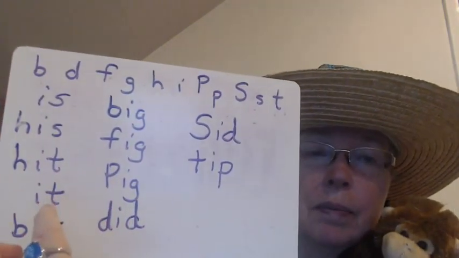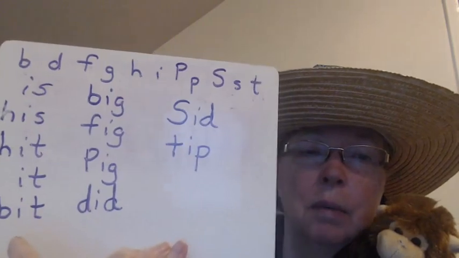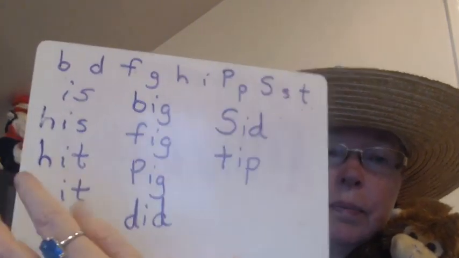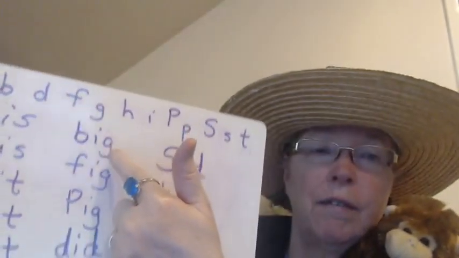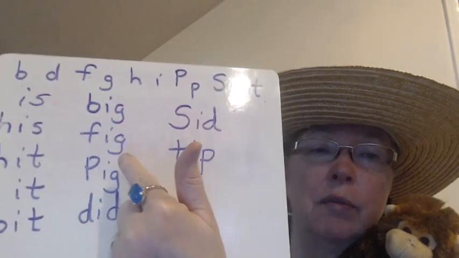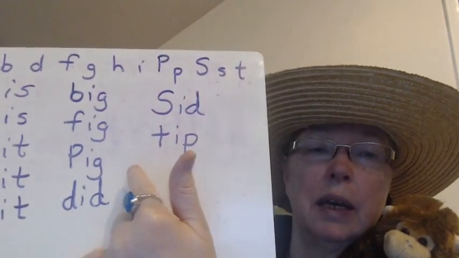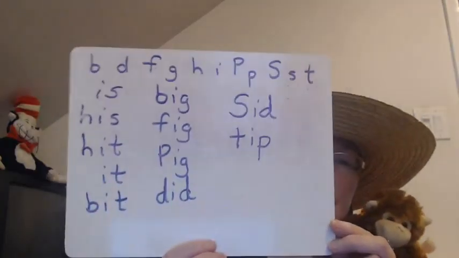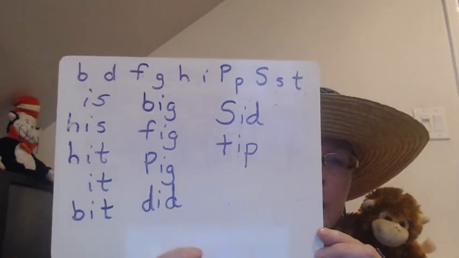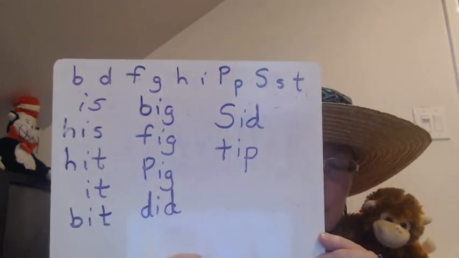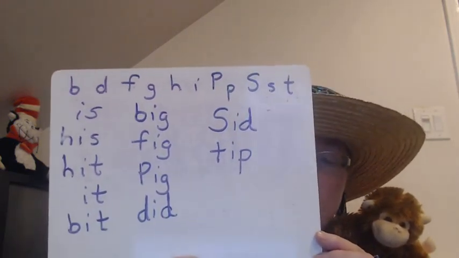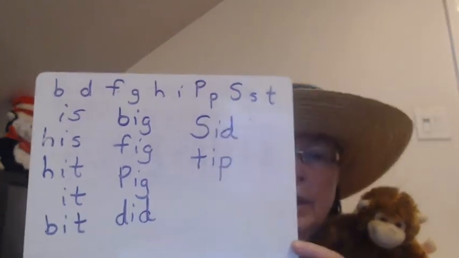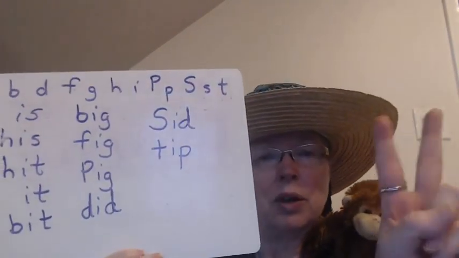Hit, it, bit. And then over here we have big, fig, pig, did, Sid, and tip. These are our words that we build that will be in the story that we will read in part 2.